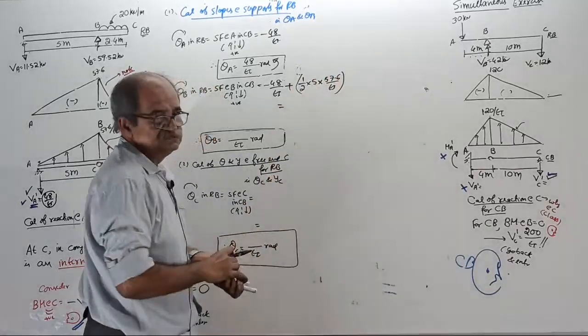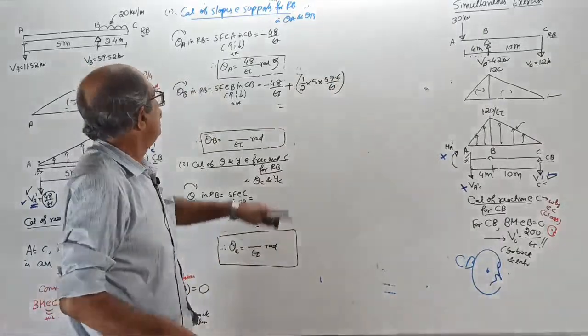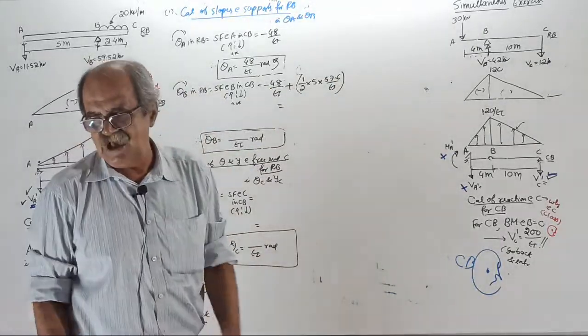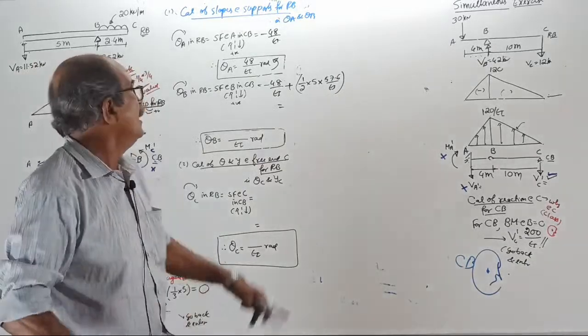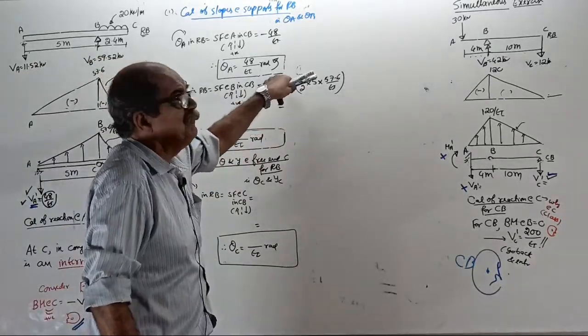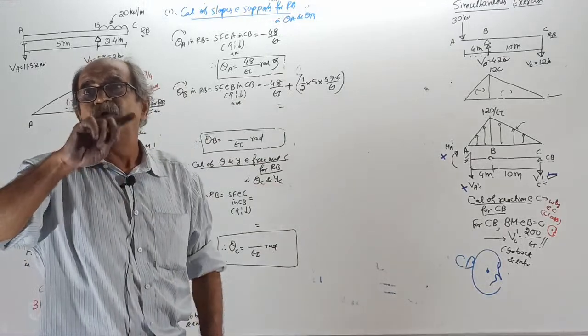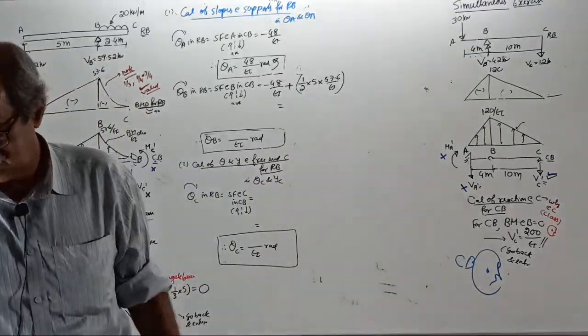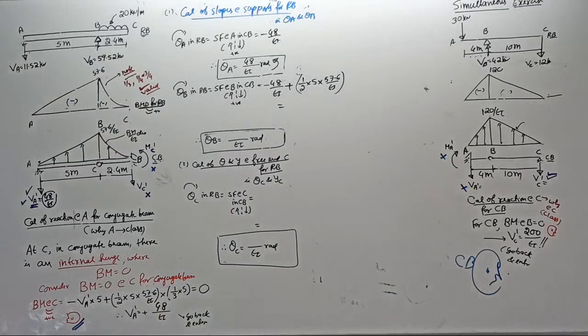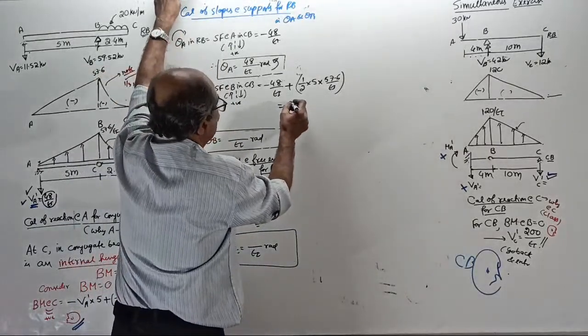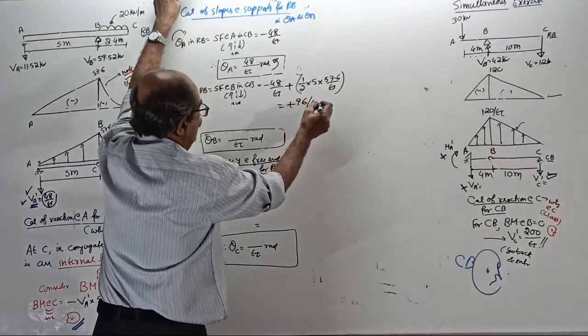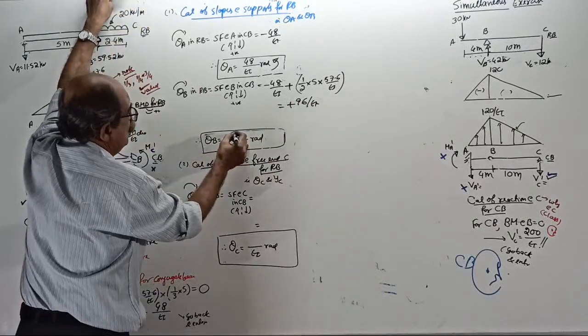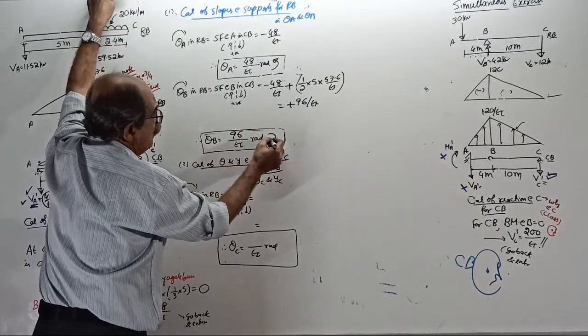The answer has to come double of this value, and the opposite sign should come. Plus 96 by EI. Therefore, theta B equals 96 by EI radian clockwise.